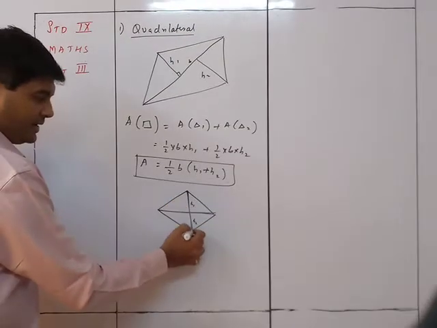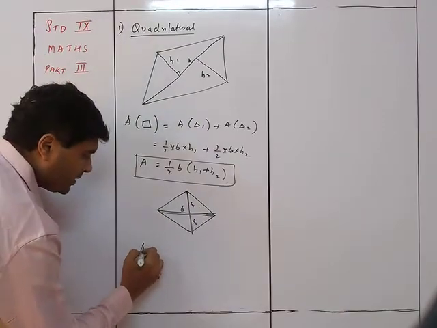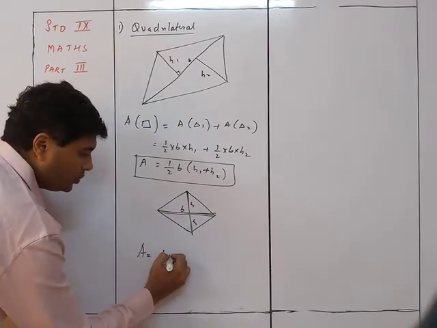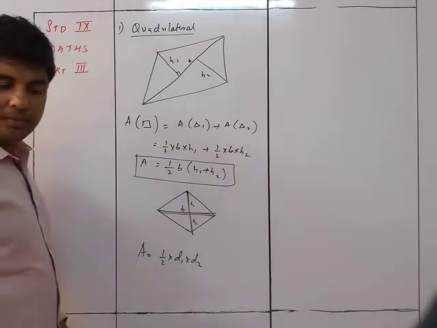So this is diagonal 1 and this is diagonal 2, this is base. So what will happen? This whole thing will become half into diagonal 1 into diagonal 2. Product of the diagonals.